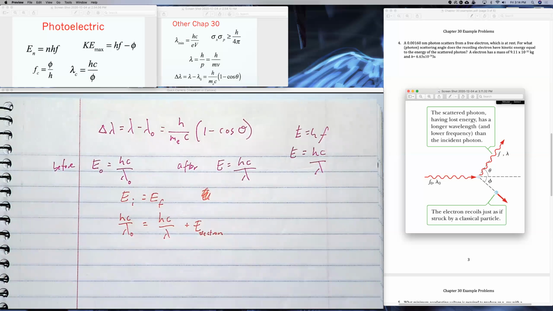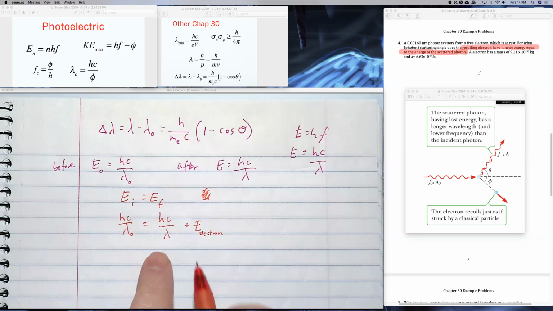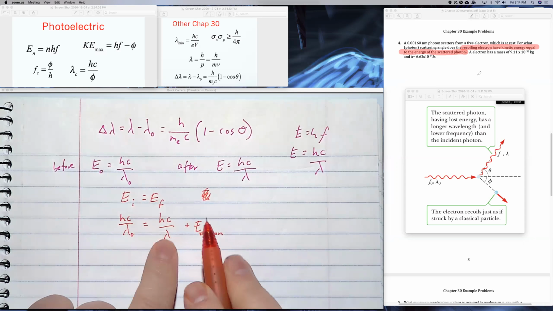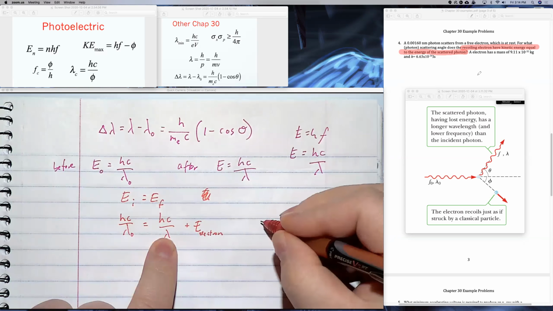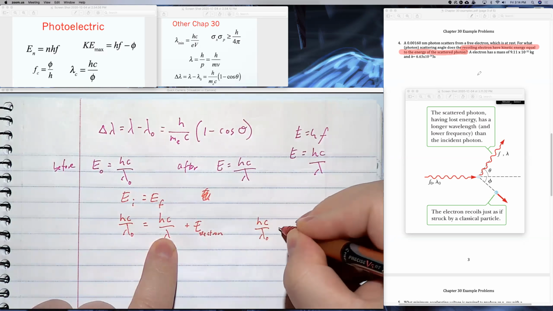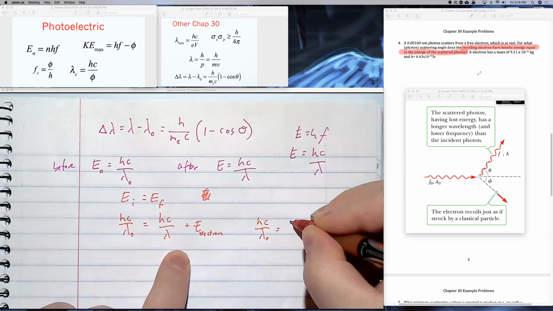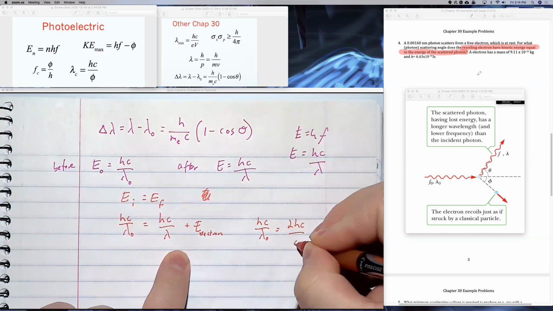Now, I also said, let me grab my highlighter, that the recoiling electron has the same kinetic energy equal to the energy of the scattered photon. That means this and this is the same, and if this and this is the same, that's the same as saying that the energy here is 2hc over lambda.